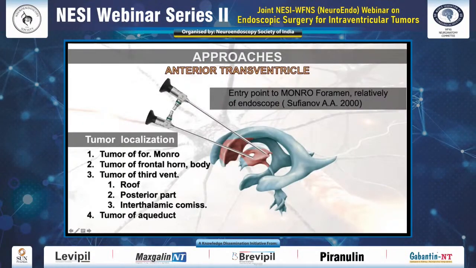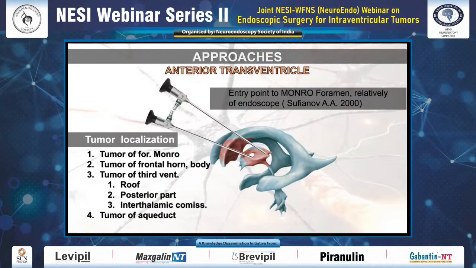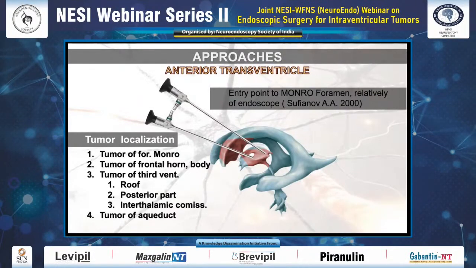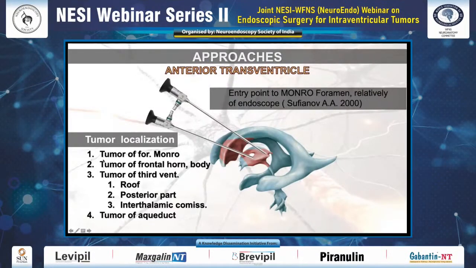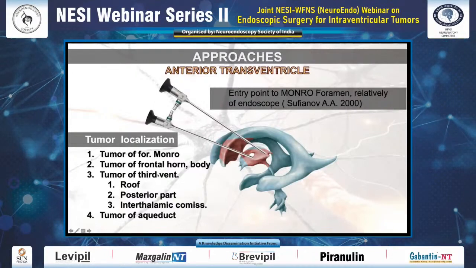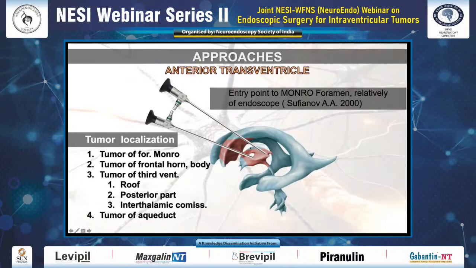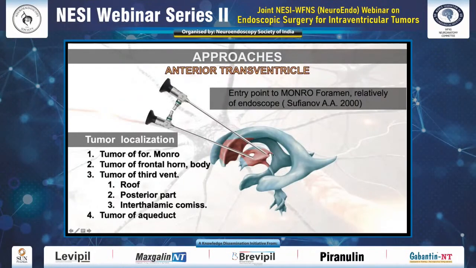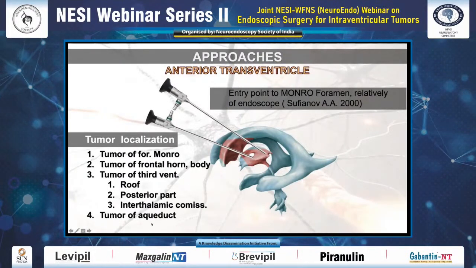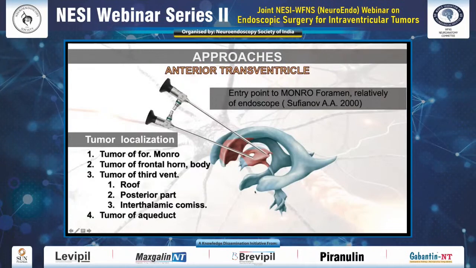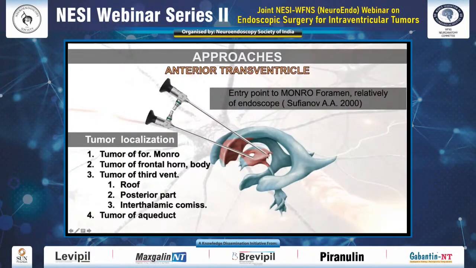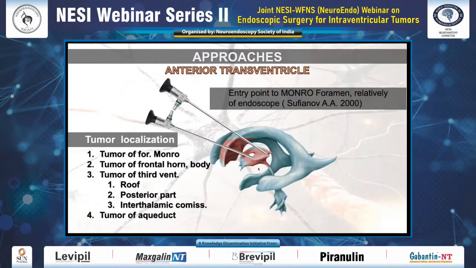For which tumors? Tumors localized near the foramen of Monro, inside the frontal horn, body, third ventricle, especially the posterior part of the third ventricle, interthalamic adhesion, and also tumors localized in the aqueduct, like you see in this picture.